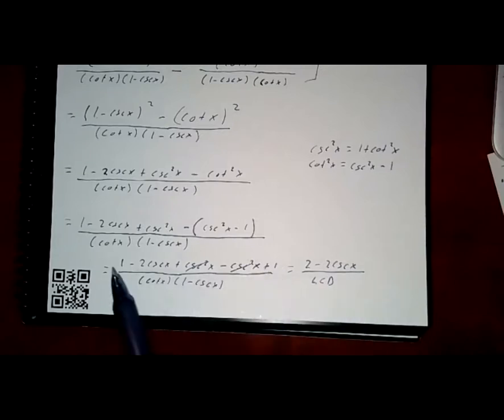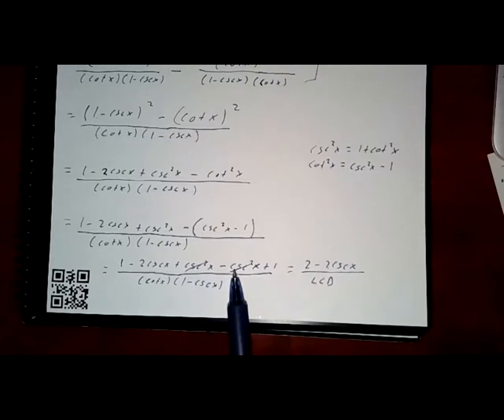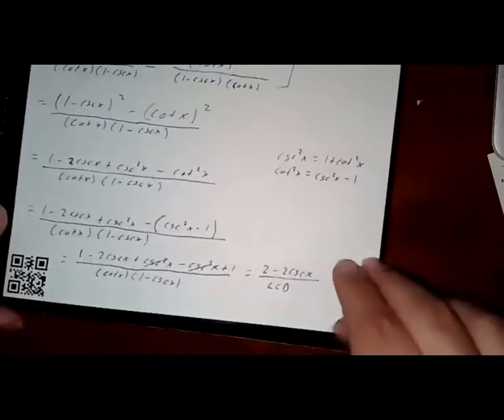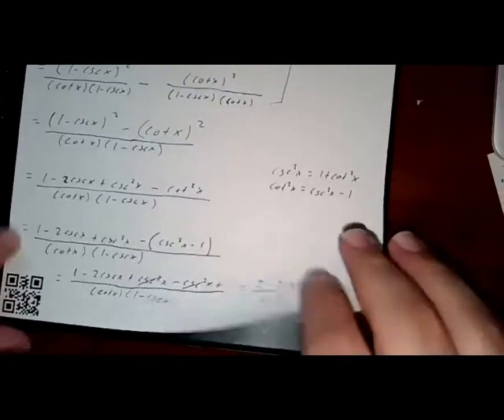Do you see how the 1's combine and the cosecant squares canceled, right? All right, let me write this part on the next page. Out of paper.